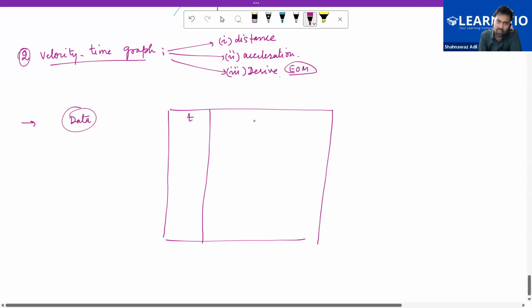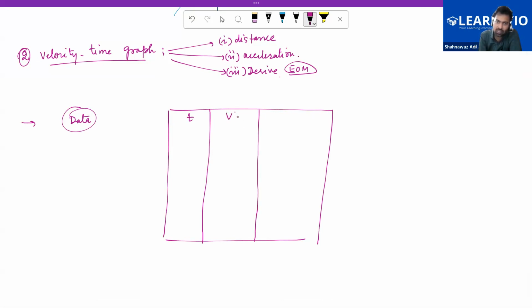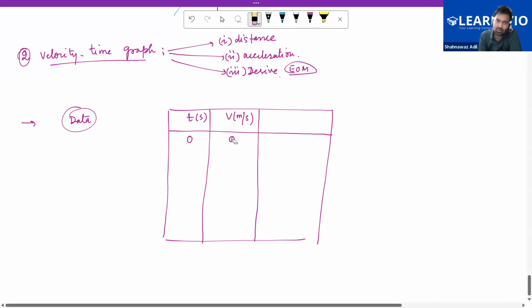This is T, in seconds, and this is V, in meter per second. Let's say at 0 seconds the velocity is 2 meter per second.